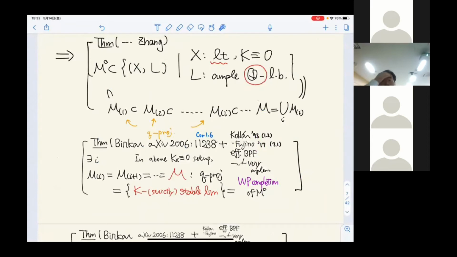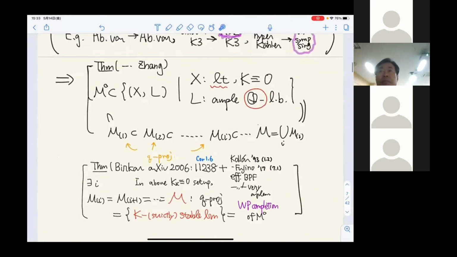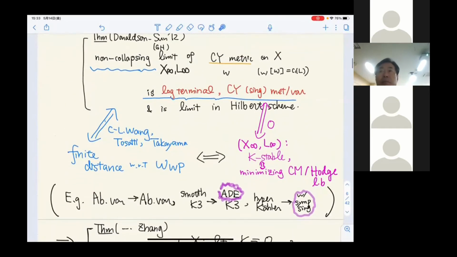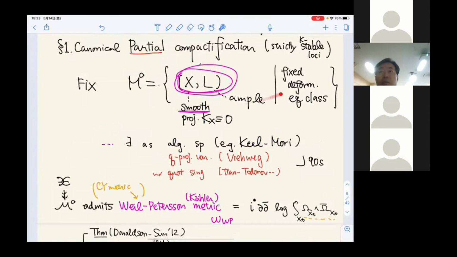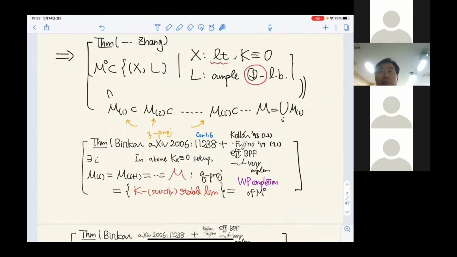It seems I'm spending too much time on it. Anyway, so what if we consider every kind of non-collapsing limit of those inside M, this moduli? Then we can get some partial compactification.